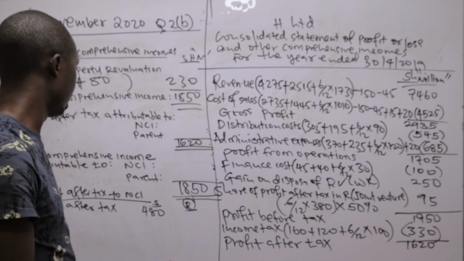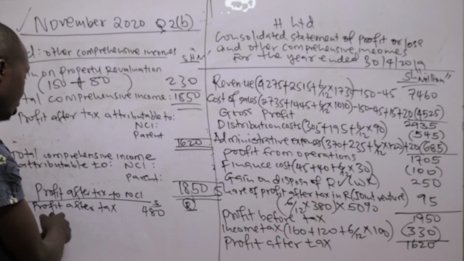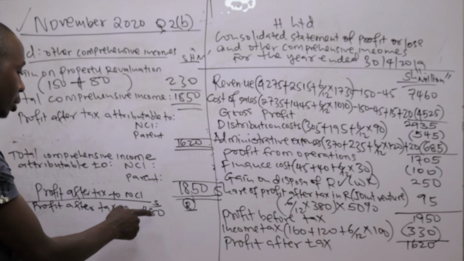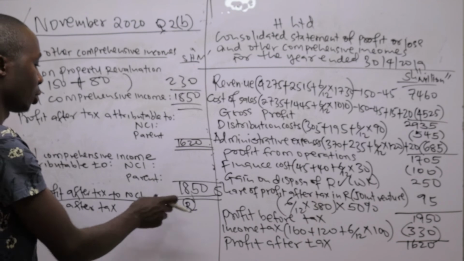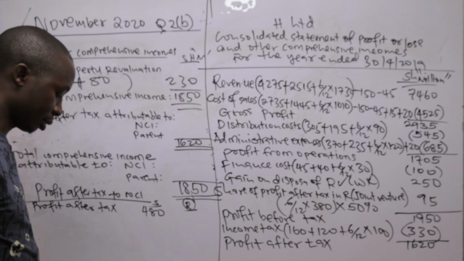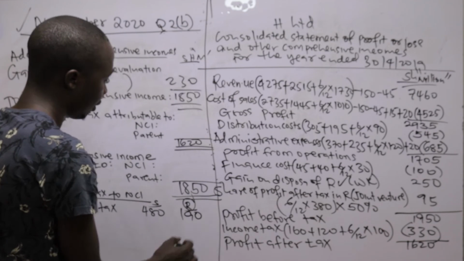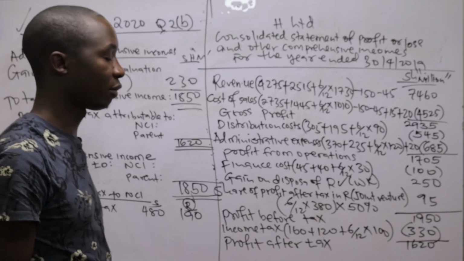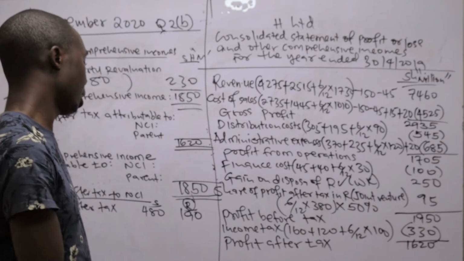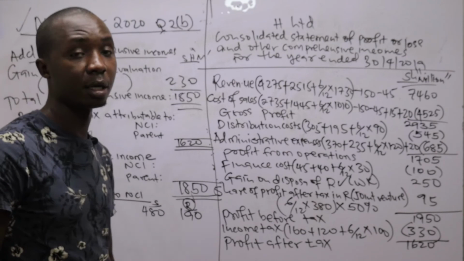That is the time when R was a subsidiary. Because NCI is the percentage unacquired in subsidiaries. So R was a subsidiary for the first 6 months. So 380 divided by 2, or you say 380 times 6 over 12, you get 190.